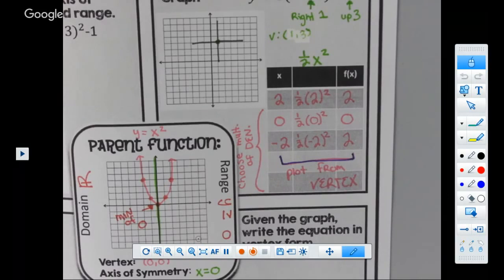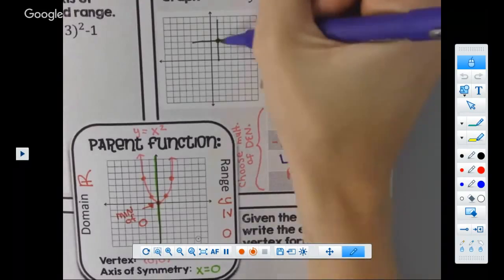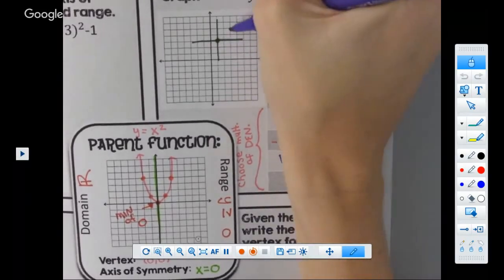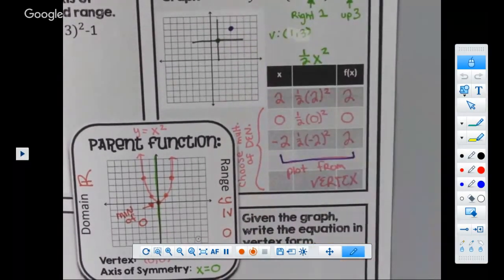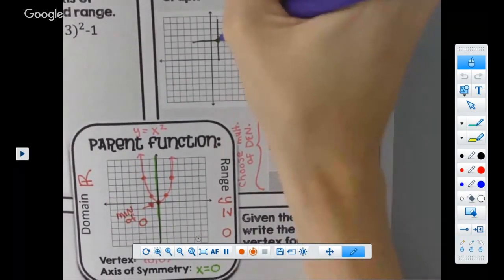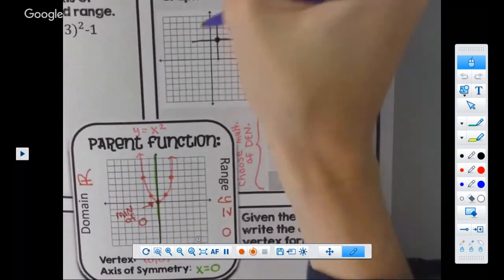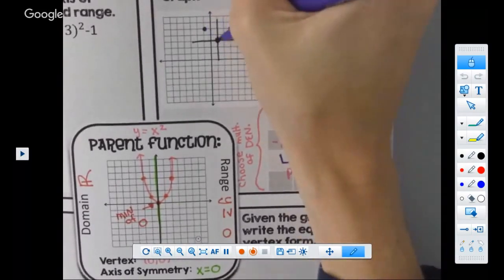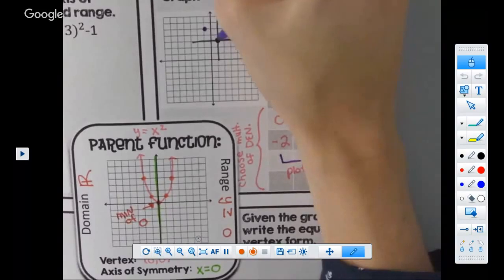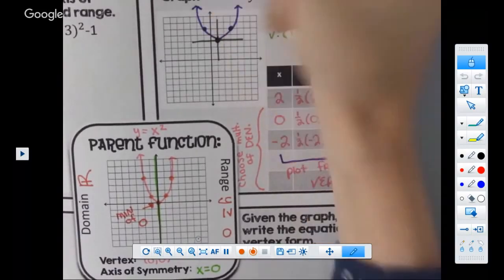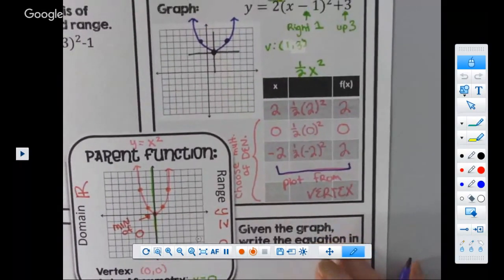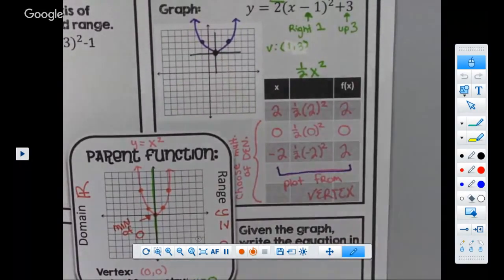You're going to go right 2, up 2, and put it up. Y'all see how we're moving from the vertex? So I'm going to show it again. From the vertex, I'm going to go right 2 and up 2. 0, 0 is just the vertex. And then I'm going to go left 2 and up 2. Okay, once I get those, I know it's going to look like a U. So I can just finish it.